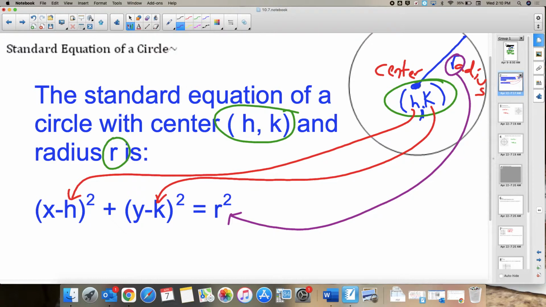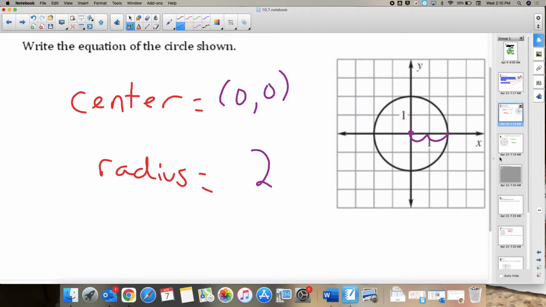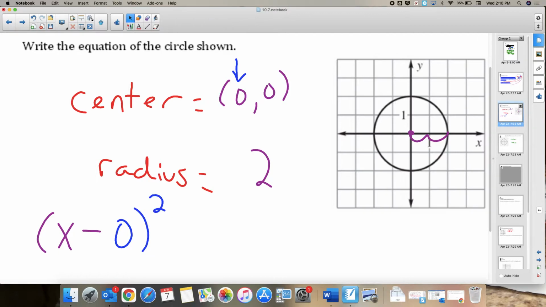So really there's three variables that we are going to plug in. The way we start these problems is by finding the center and finding the radius first. If I look at my picture here, my center is at the point 0, 0. And as it turns out, my radius is 2. So my equation says I take parentheses x minus whatever the x value was from your center. In this case, that's 0 squared. Plus y minus whatever the y value from your center was.